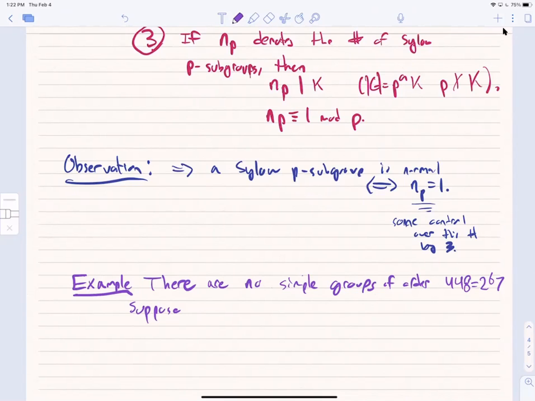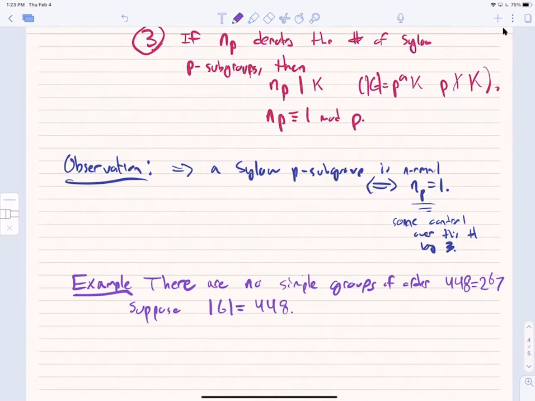That was just nonsense. There are no simple groups of order 448. So what do we have to do? We have to take a group of order 448 and produce a normal subgroup. So suppose the order of G is equal to 448.